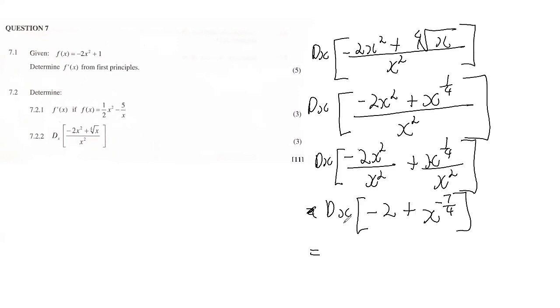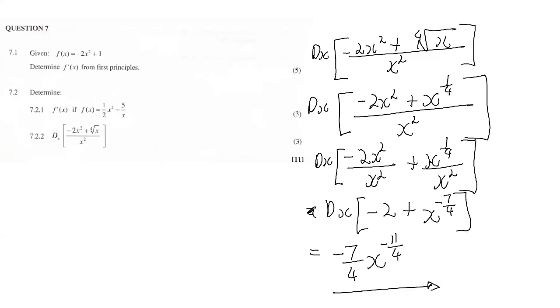Now, since I'm deriving, I will get rid of the d over dx and just put the equal sign. So deriving negative 2 is just 0, so we won't have anything there. But deriving this one, we end up with negative 7 over 4, and then x to the exponent of negative 11 over 4. Right, if we subtract 1 from negative 7 over 4, that's negative 11 over 4.